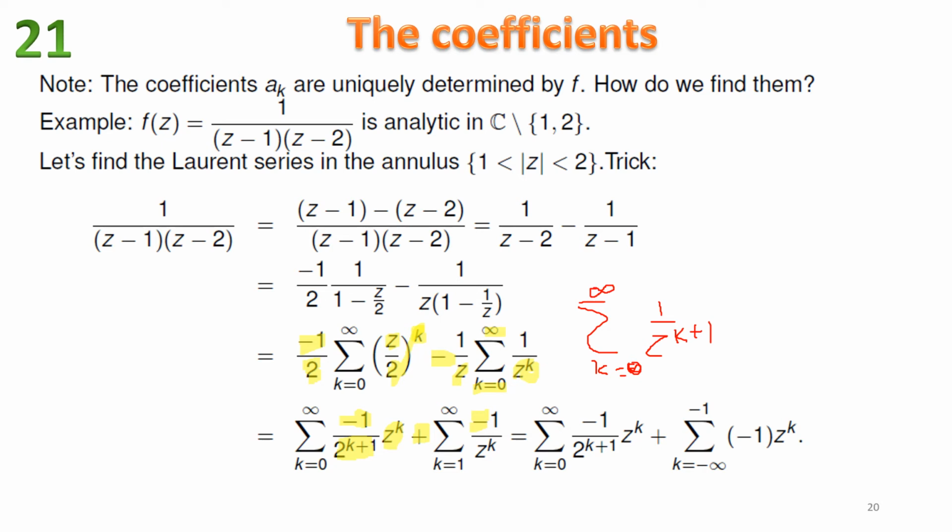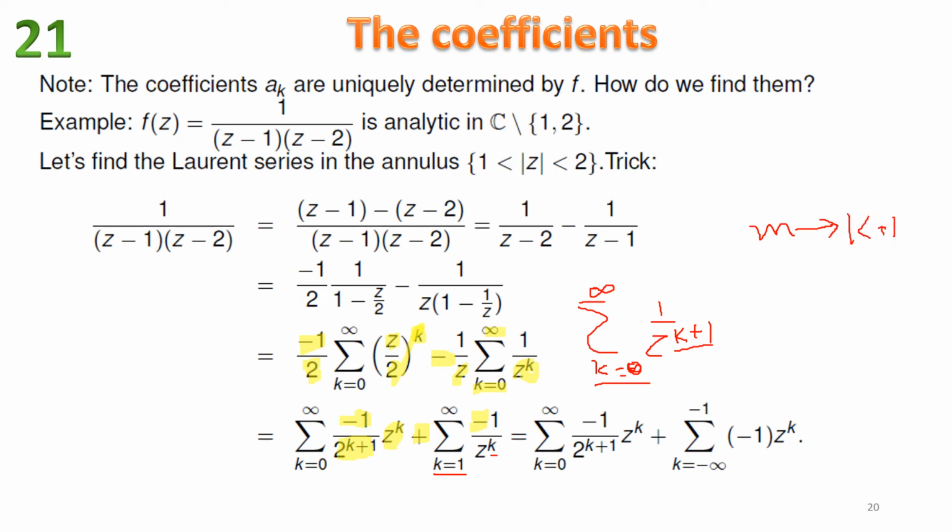Now we shall rearrange this and we shall replace k plus 1 by new k, and k equal to 0 will be k equal to 1. So I mean to say that we are changing the notation to m, which represents k plus 1.